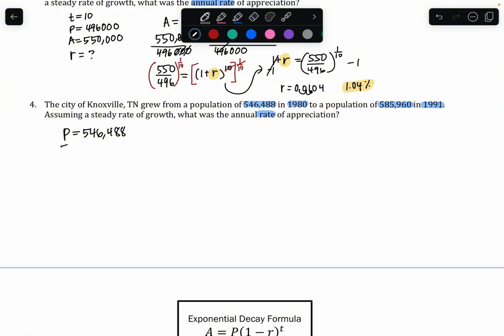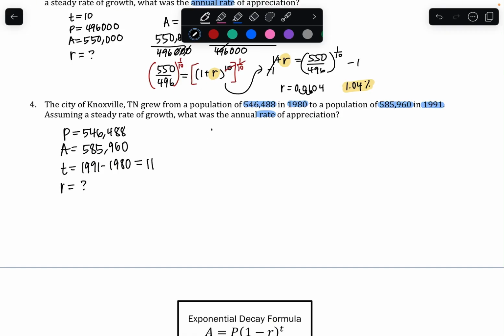The future value is 585,960. And then our T, we're going from 1980 to 1991. That's 11 years. So our T is 11, and we still don't know R.